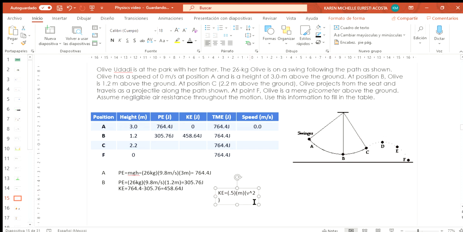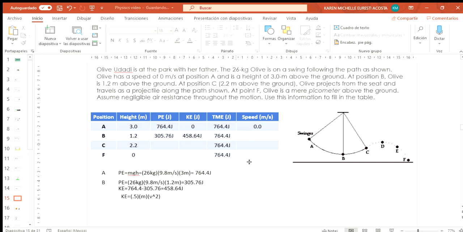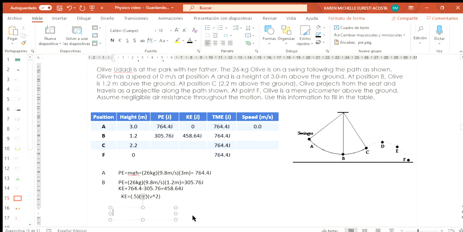We are just going to replace the values so that we can calculate it. The kinetic energy, 458.64 joules, equals 0.5 times the mass, that is 26 kilograms, times V squared.